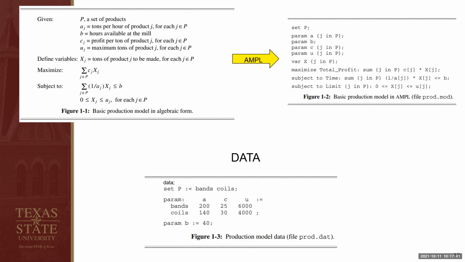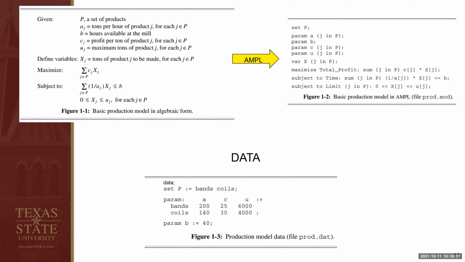So how do we set up the data? We're going to use a separate file that is called data. And here's where we're going to state the values for the model. You see the set P now has the members of the set. In this case, we have two products, bands and coils.